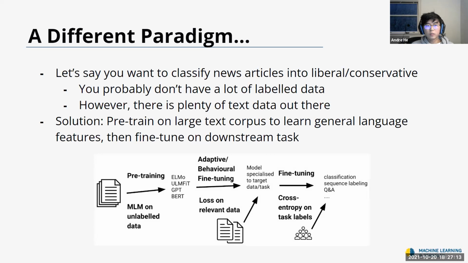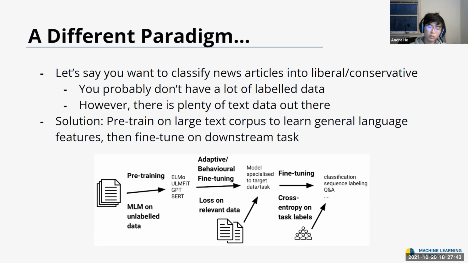So pre-training, the problem we face here is that you might want to classify a very specific sort of text. Let's say you want to classify news articles into whether they're liberal or conservative. You probably don't have a lot of labeled data on this very specific task, right? You might have plenty of data from some news station, but that's probably not enough data to learn the language and the task simultaneously, right?